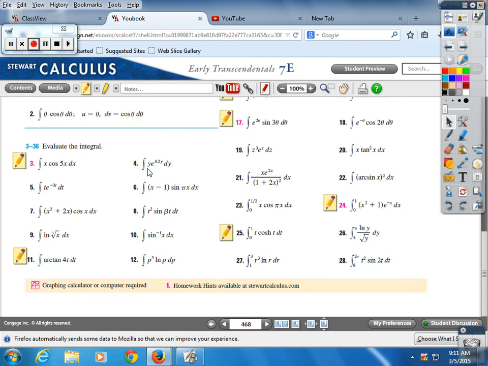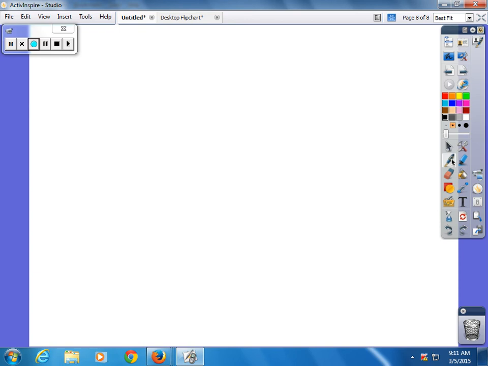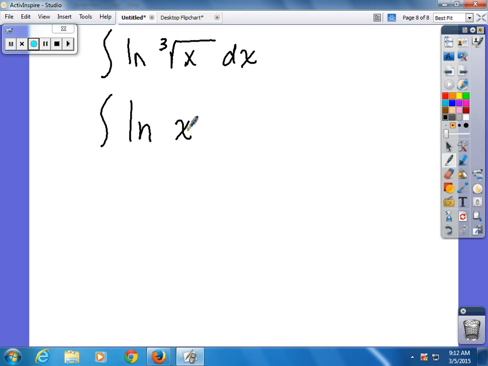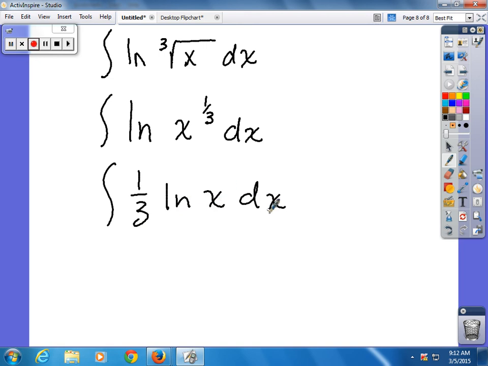Log cube root of x dx. Are all three of those the same thing?